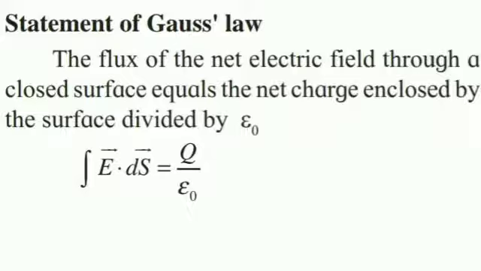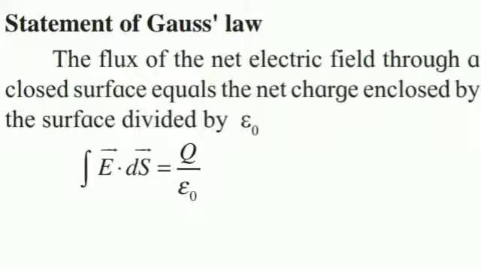As per the statement, it is the flux of the net electric field. Now what is flux? Electric flux is the product of electric field and area. So flux is nothing but E dot ds, where ds is the area, and it equals the net charge enclosed by the surface.